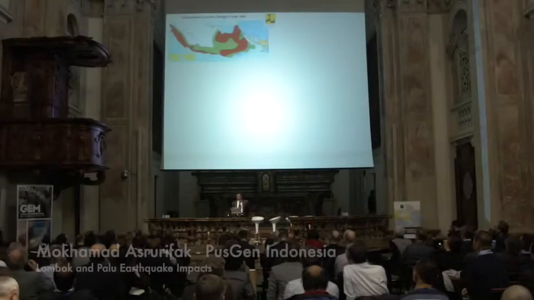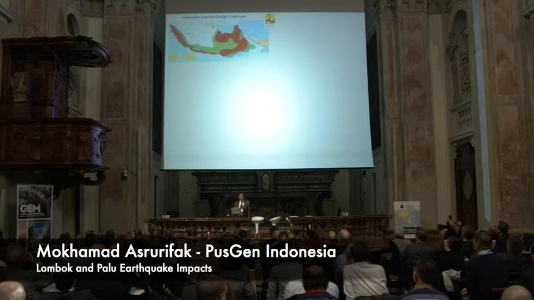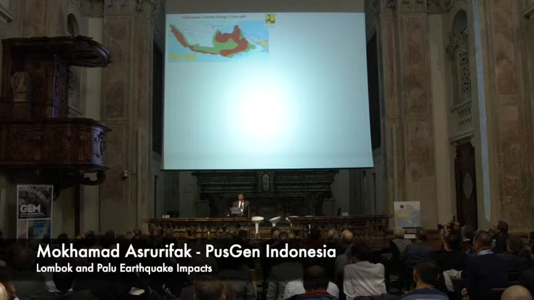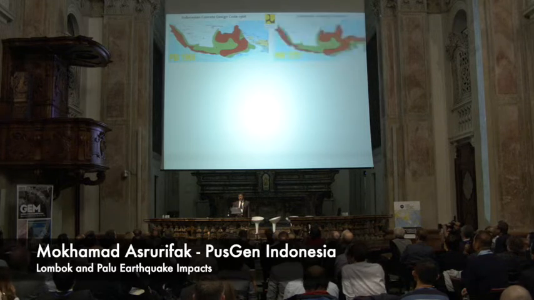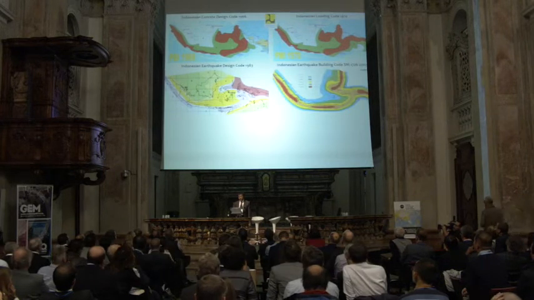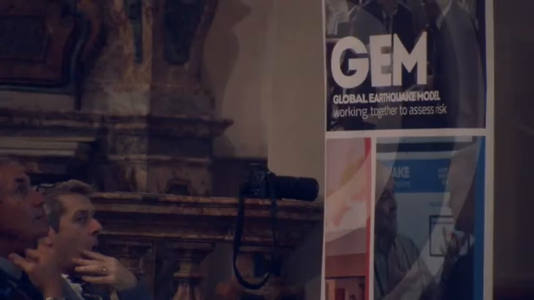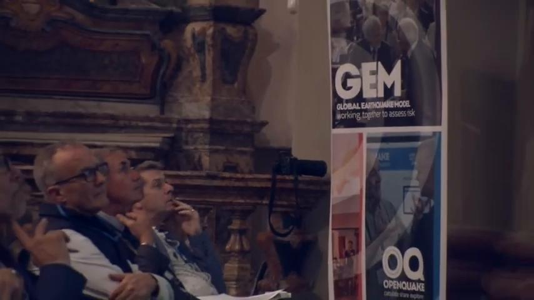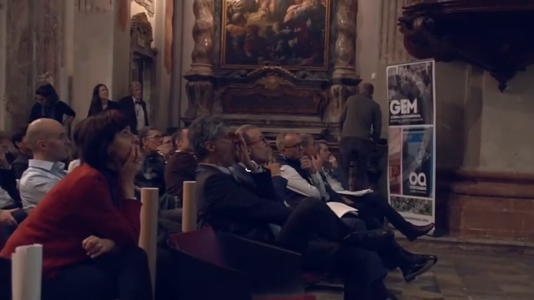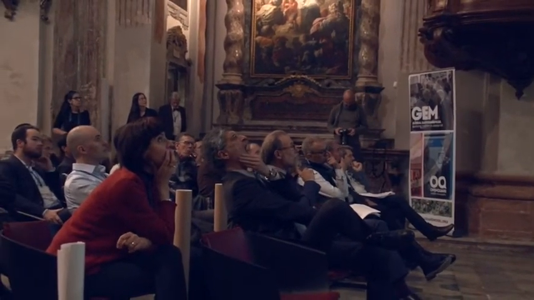levels. Actually, this is the evolution of our hazard map. We have 1966, then 1970 and 1983, and 2002, and this is our map after almost 10 years, which we revised using US software.